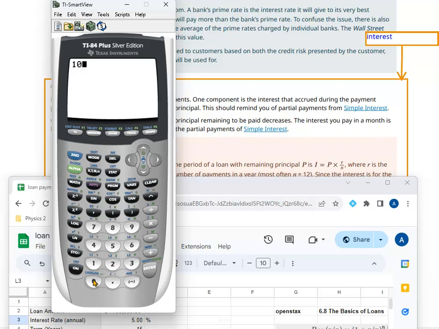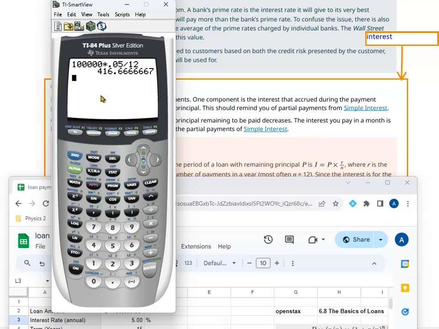I take the $100,000, multiply by the interest rate, so 0.05, divide by 12 months in a year. And that means that as I start paying this off, I would have to apply $416 just for the interest.